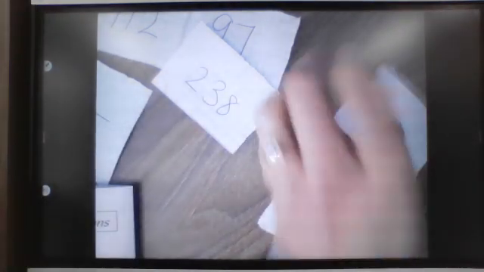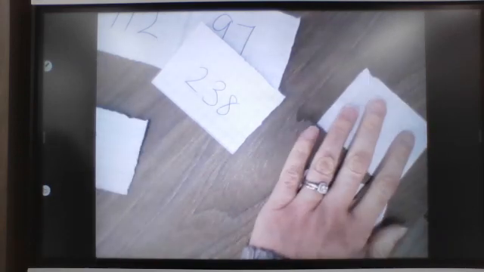When you've done that, you're going to turn them all upside down. You might want to put a little mark on your divide by 10 and divide by 100 ones, so you know that they are different. Then I'm going to turn over all of my 2 and 3 digit numbers, and I'm going to choose one of these.